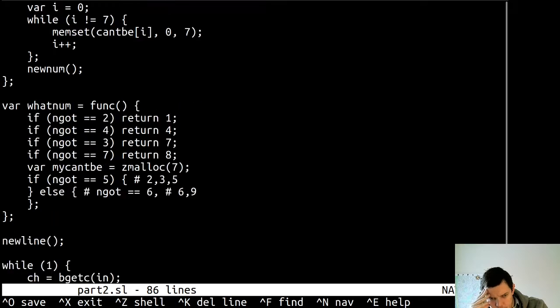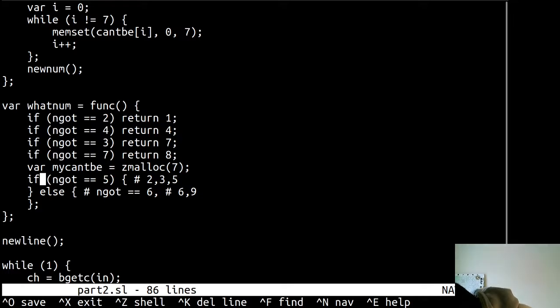Okay, and then when we're asked what number it is, how would we know? If we've got 5 set, then it can be 2, 3, or 5. So we need to know if the segments that we've got can correspond to ACDEG, ACDFG, or ABDFG.